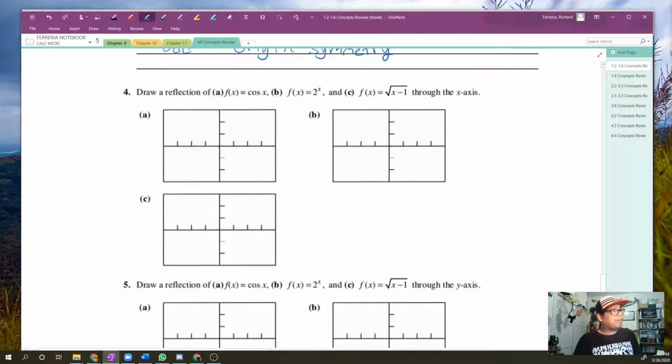If we reflect cosine x about the x-axis, where we once had a y-coordinate of 1, now we have a y-coordinate of -1. And at our pi halves, those are still 0. So basically, we're drawing the cosine function upside down.